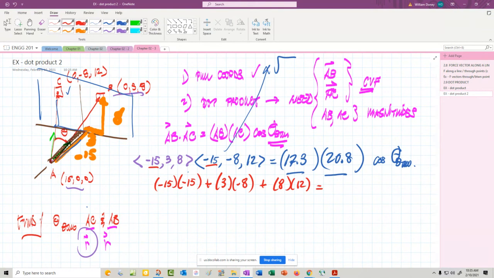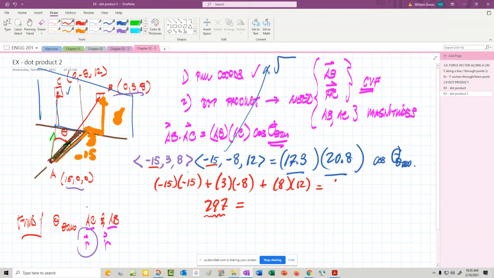If I go through that, that's 225 minus 24 plus 96, 297 on the left side. Again, the dot product is a scalar product, so I should get a scalar, meaning a number, not a vector with ijks. That looks right.